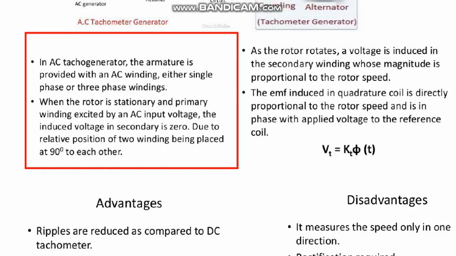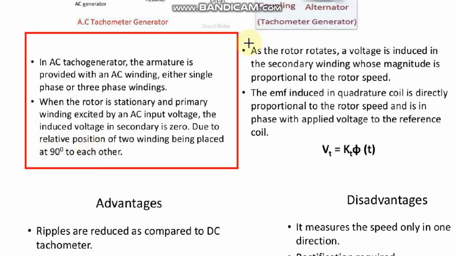Since they are at 90 degrees, in the formula cos 90 degrees is equal to 0. So if there is an AC input voltage exciting the primary winding, and the rotor is stationary, then the induced voltage in the secondary is 0 due to this 90 degree phase angle of the two windings.